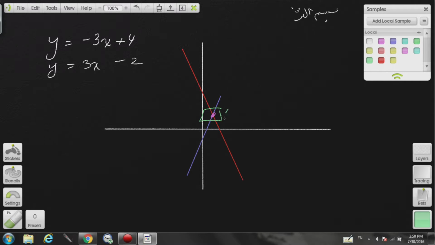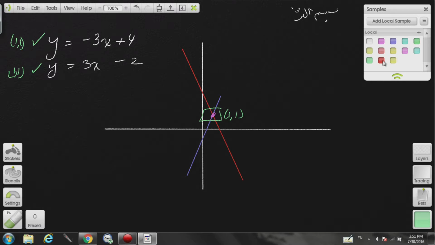In this case, (1, 1) is the only point that will make this a true statement, and the only point that will make this other one a true statement. So this point is a solution to both equations, to both functions.